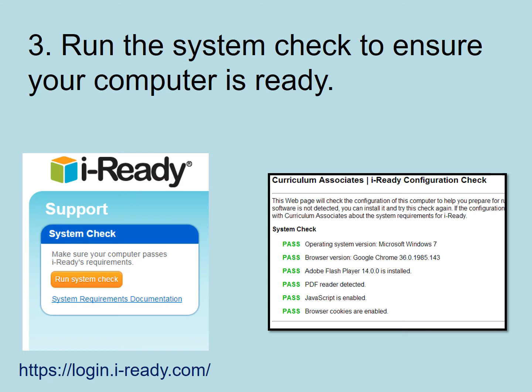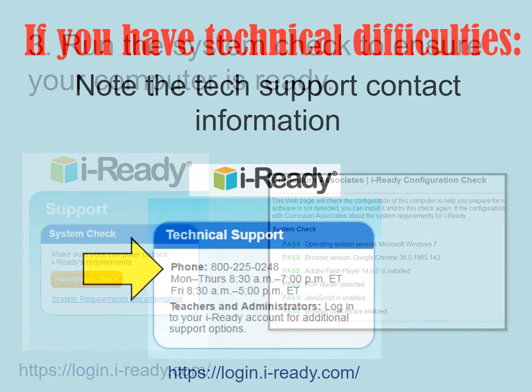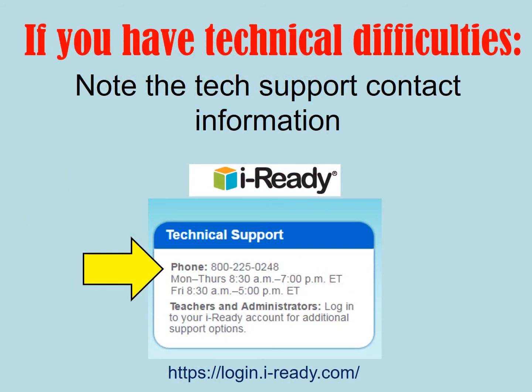What this is going to do is make sure that your computer is ready to take the test and everything is supported. If this is not successful, you may contact iReady technical support. Here's their contact information: 1-800-225-0248.